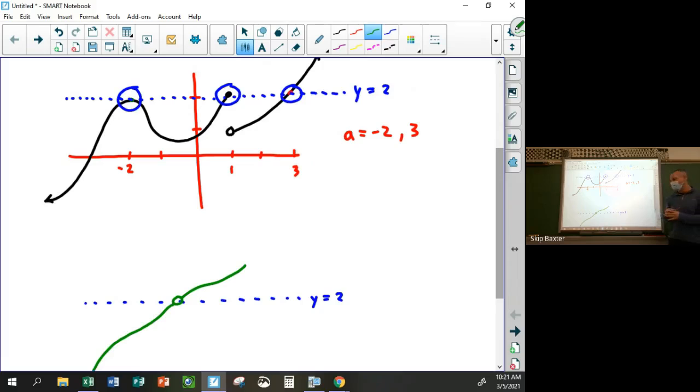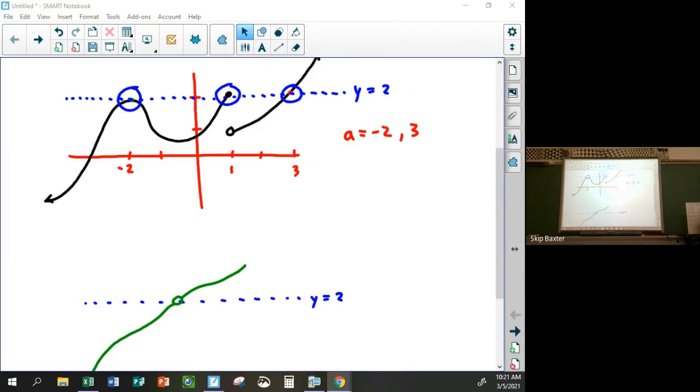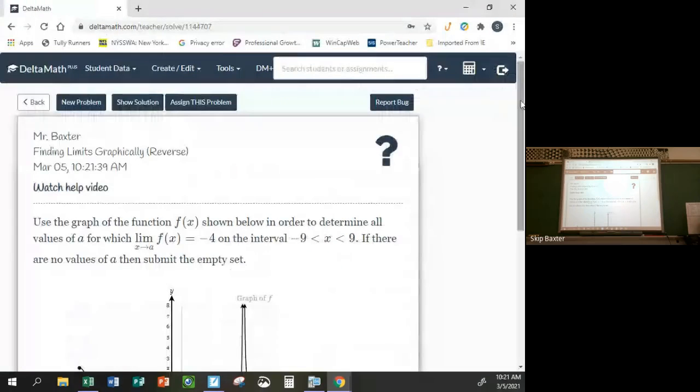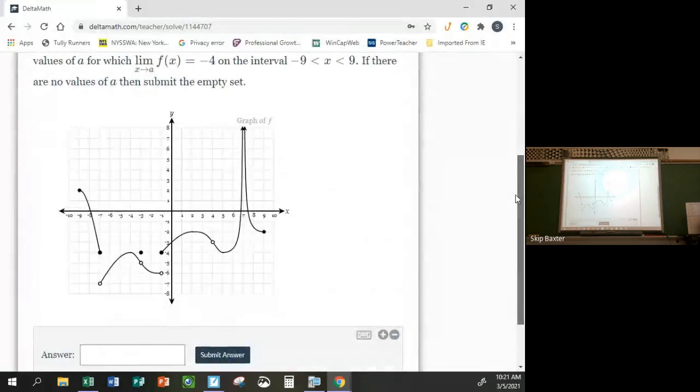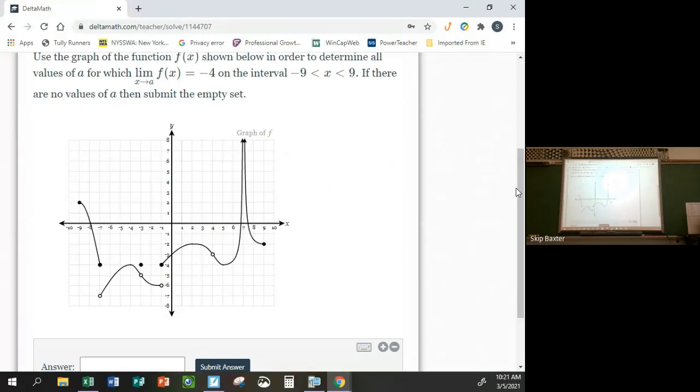Let me show you the actual assignment on Delta Math, and you'll see it's very similar to this, okay? So this is called graphical limits reversed. So if I go to a typical problem, here's a typical problem. They give you a fairly busy looking graph, right? It's pretty cluttered. But then the question says, find the values of a for which the limit is -4.